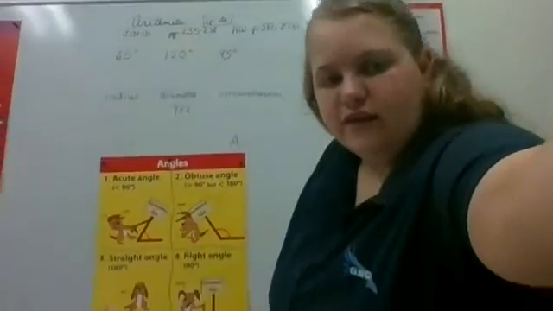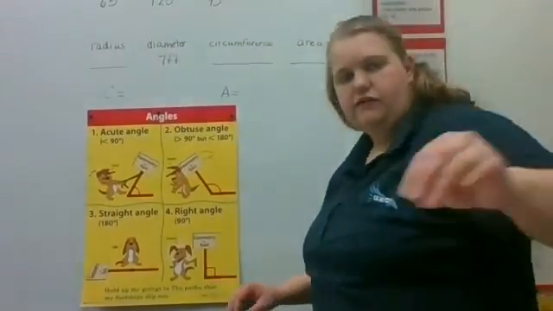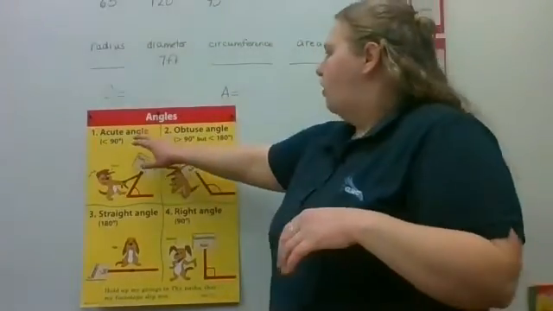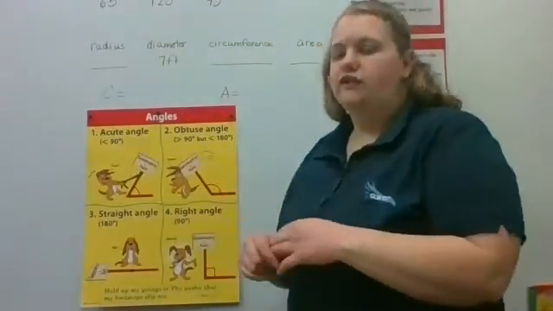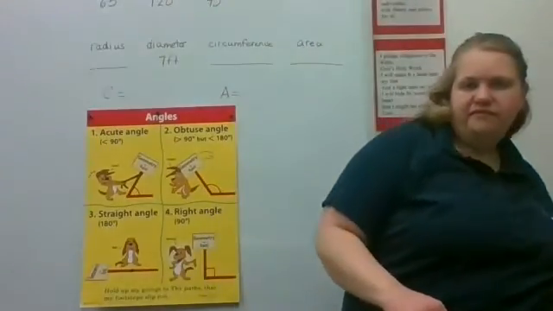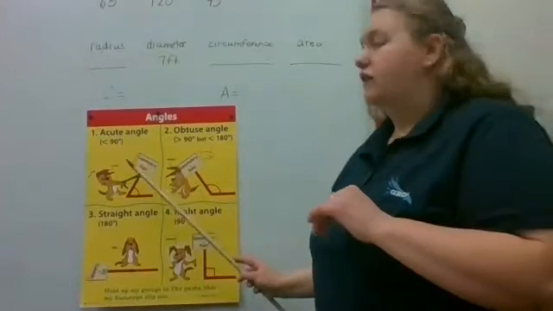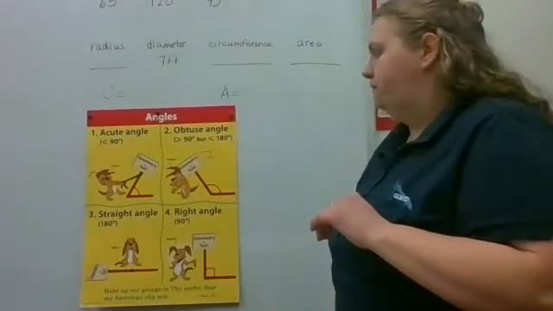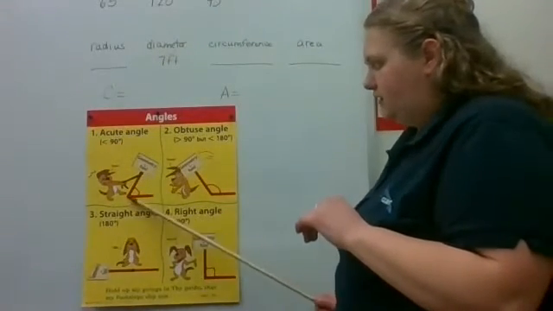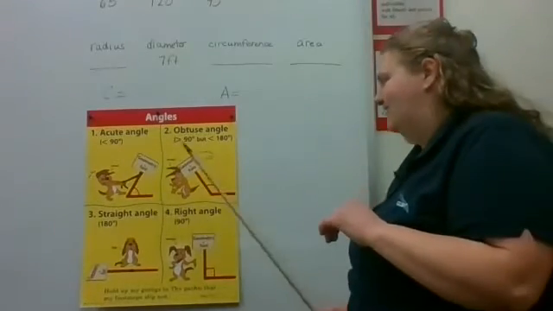Our acute angles are within what degrees? Yes, it'll be less than 90 degrees for an acute angle. It's the smaller angles, so they're kind of cute.